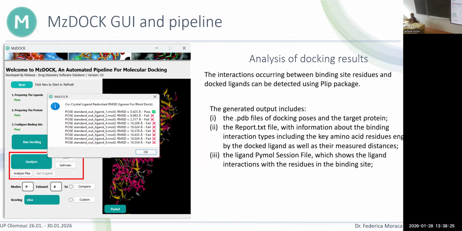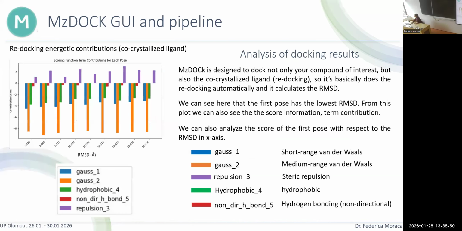So it is automatically passed and it is recognized as a good pose. So from this result, you can just see, okay, for this scoring function, there is at least one pose that matches the crystallographic one.